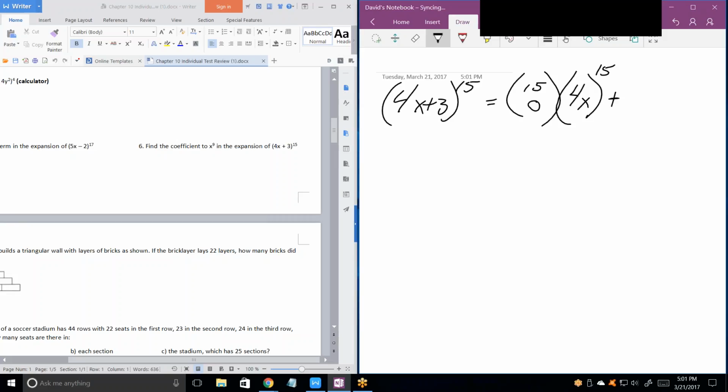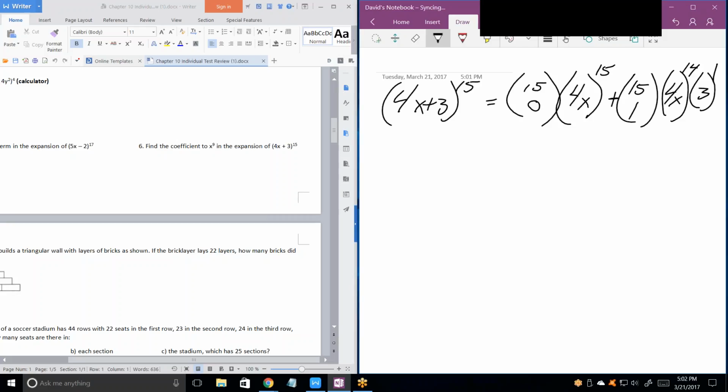I'm going to write one more term just so you can figure out how the formula works. What's this part? 15 choose 1, times 4x to the 14th, times 3 to the first. Okay.